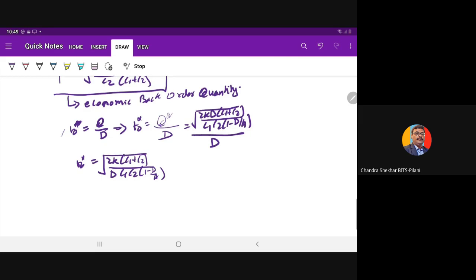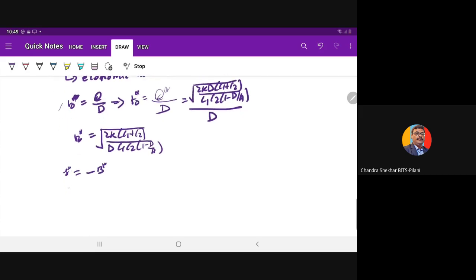And I have told you that always we should go with the SS policy. So SS policy is what? Small s star, that is the minus B star, and capital S, at the time of the derivation, we have derived 1 minus D upon A into Q minus B. That we have derived, right?